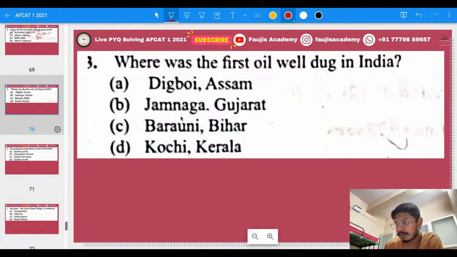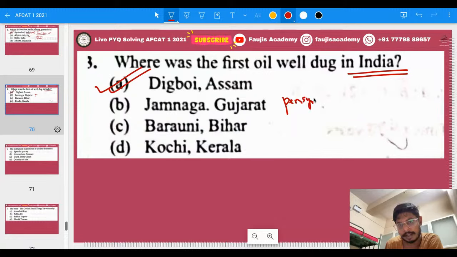Where was the first oil well dug in India? The first oil well was dug in Digboi, Assam. The engineer over there was a Western engineer. The first in the world was, I guess, in Pennsylvania.